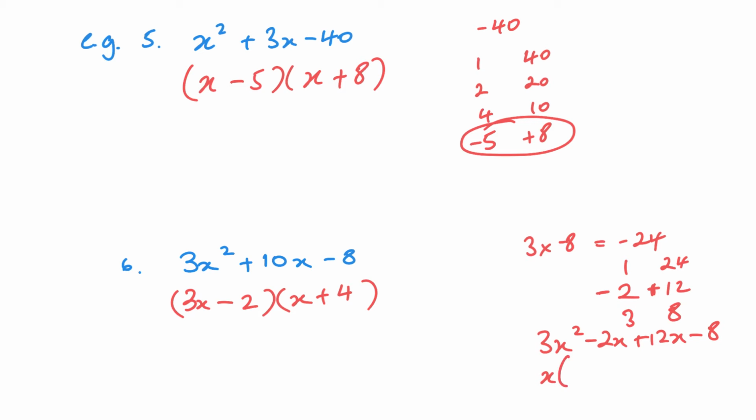So I can take x out, leaves me 3x minus 2. And on this one I can take out 4, leaves me with 3x minus 2. And I know I'm right when both brackets are the same. So I got 3x minus 2 multiplied by x plus 4.